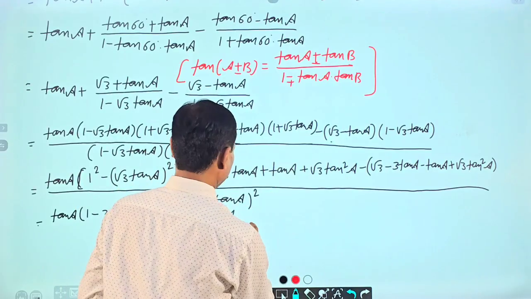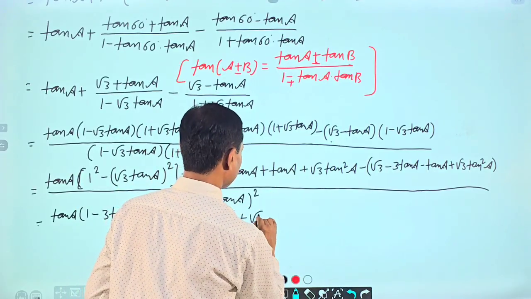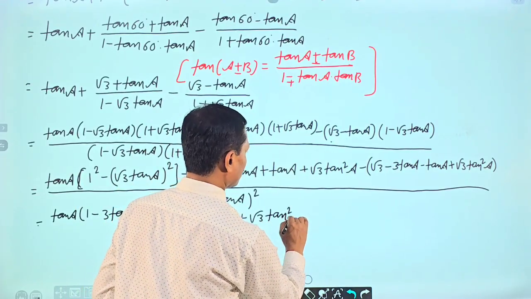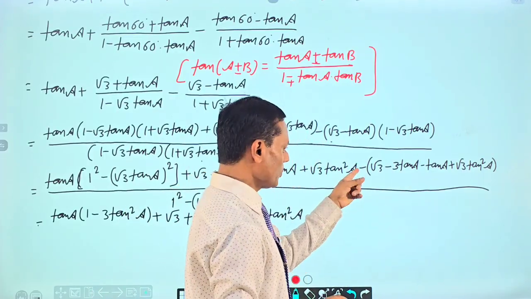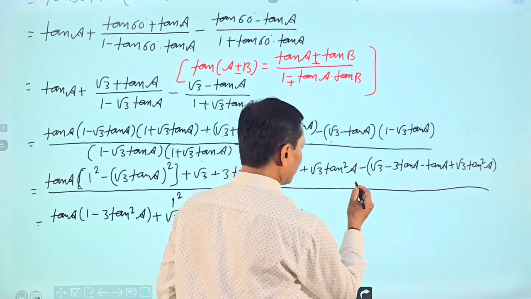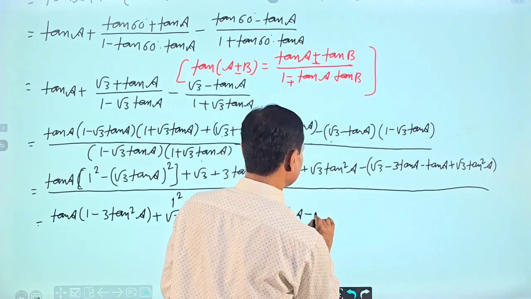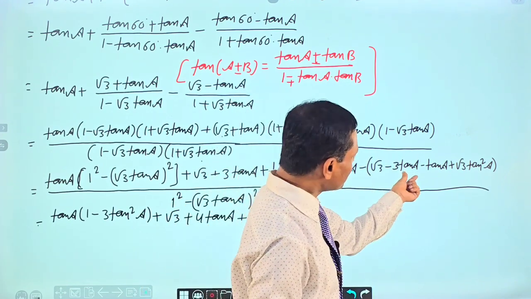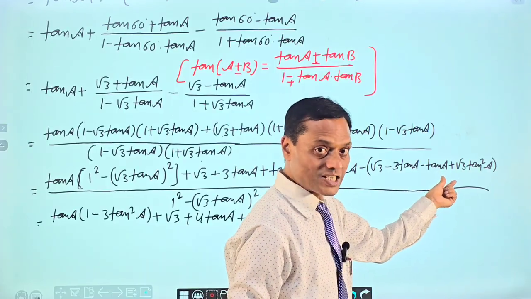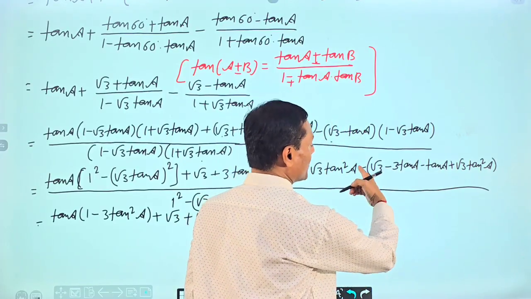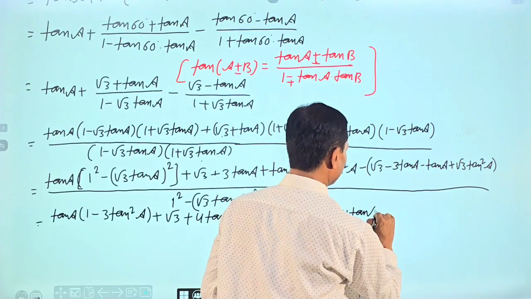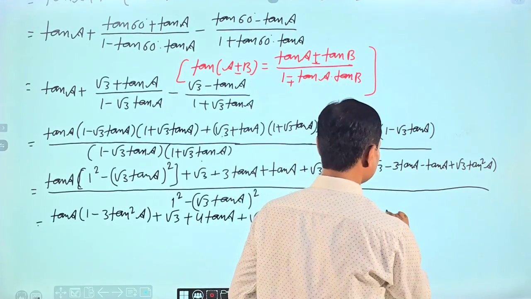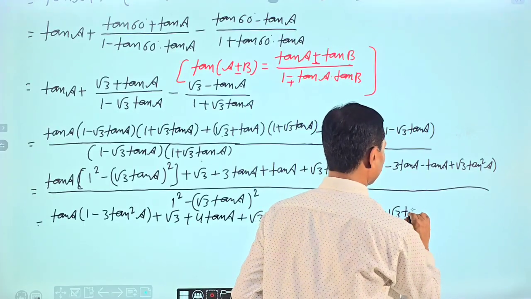This 4 tan A plus root 3 tan square A. Okay, simplifying and changing the sign, because minus sign is outside, so we write here root 3, so it becomes here minus root 3, correct. Minus 3 tan A minus tan A means minus 4 tan A, and when you open the bracket by negative, that becomes plus 4 tan A, right, and this becomes minus root 3 tan square A.